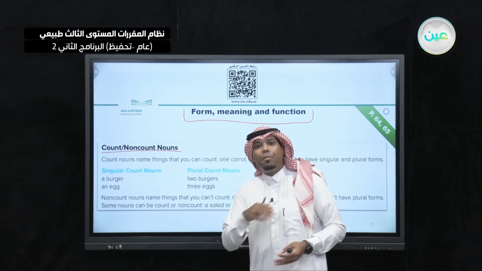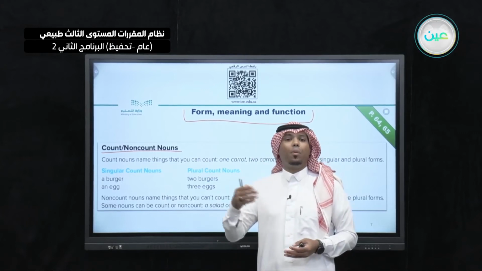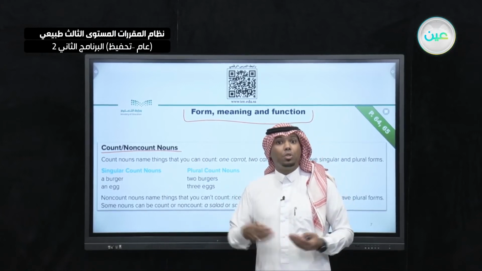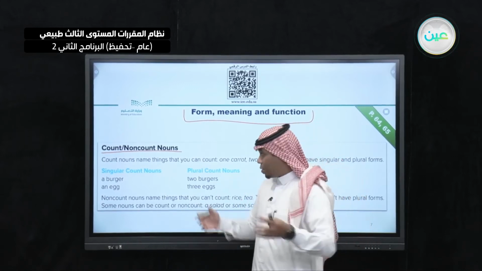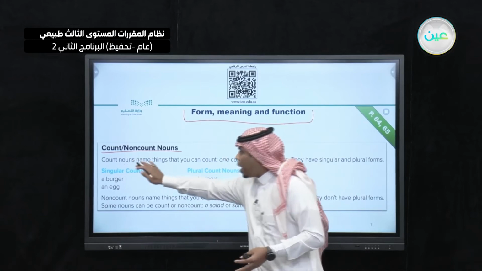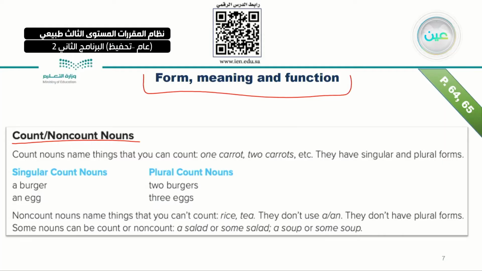It means that we cannot count, like for example milk, rice, sugar. All of these we cannot count. For example, use here count nouns. Name things that you can count. 1 carrot, 2 carrots, and etc. They have singular and plural forms.